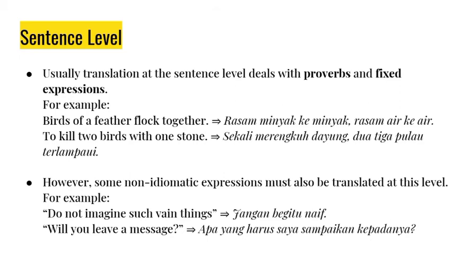But if we see, the noun is different, like birds in English, and in Indonesian it becomes rasam minyak. So it's different, but when we read the whole sentence, we could conclude the same meaning.